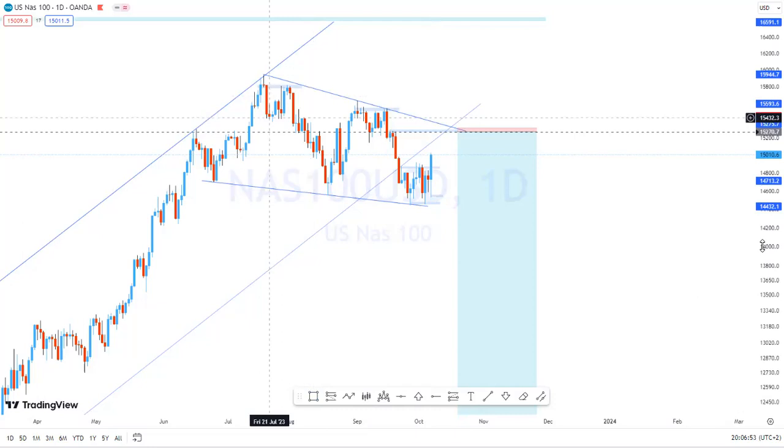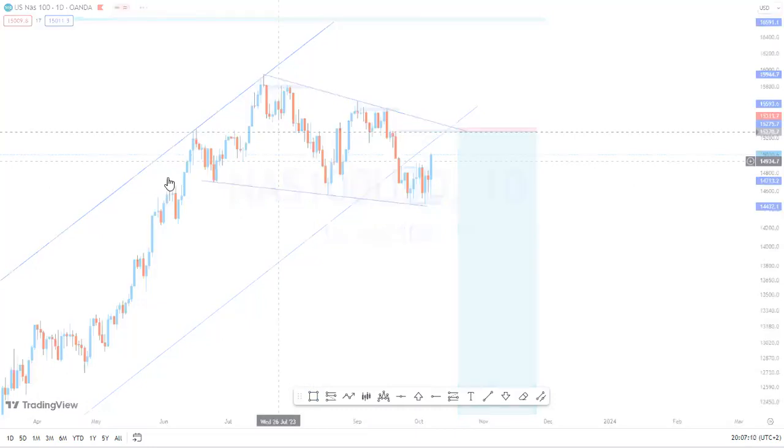Let's move on to the 4 hour. We're moving on to the 4 hour. Let's see whether the market is loading. Let's just give it time.